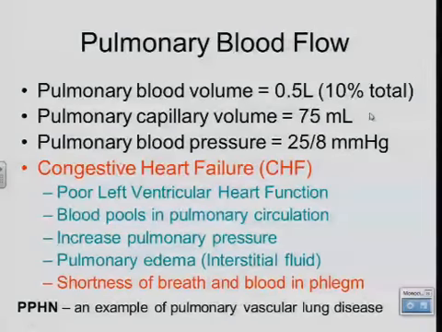In other words, we can increase the volume within the pulmonary blood circulation extensively, say during exercise. So as we increase cardiac output, the lung is able to take that extra blood volume without increasing pulmonary pressure. So it has a high capacitance. In other words, it can stretch very easily with low resistance and maintain a low pressure. Very important when we're talking about pulmonary blood flow.